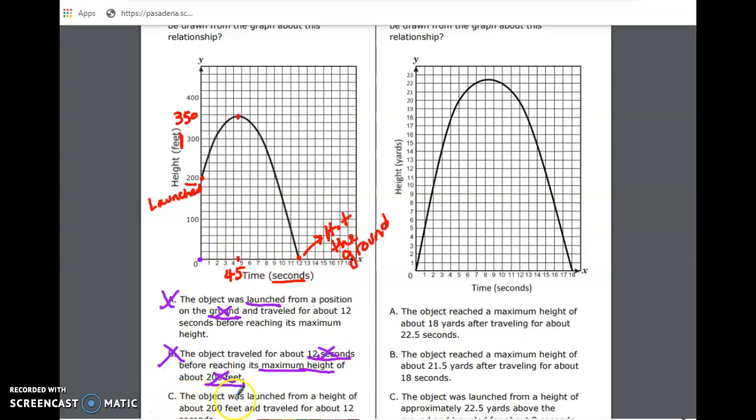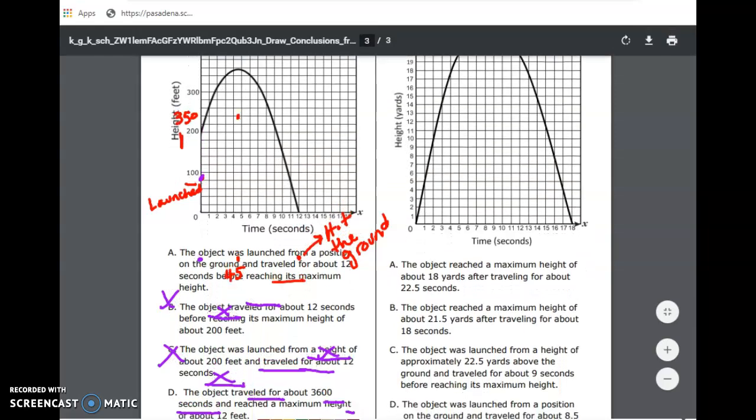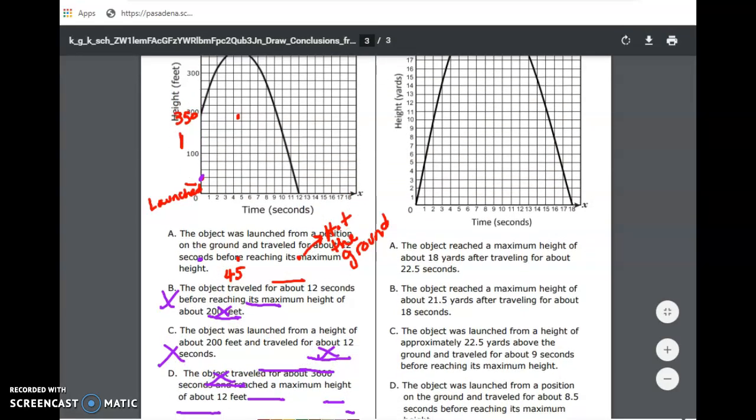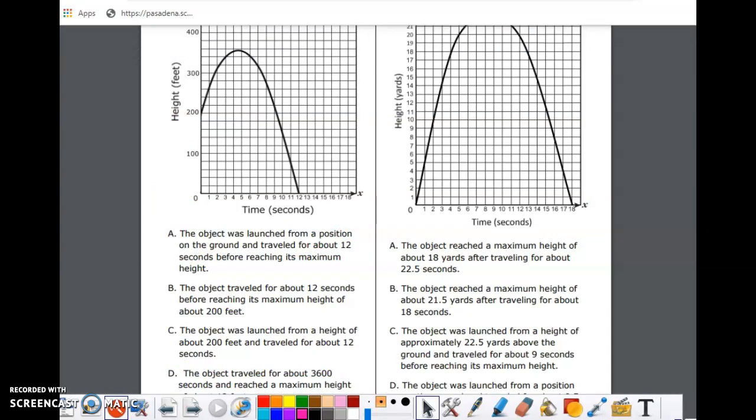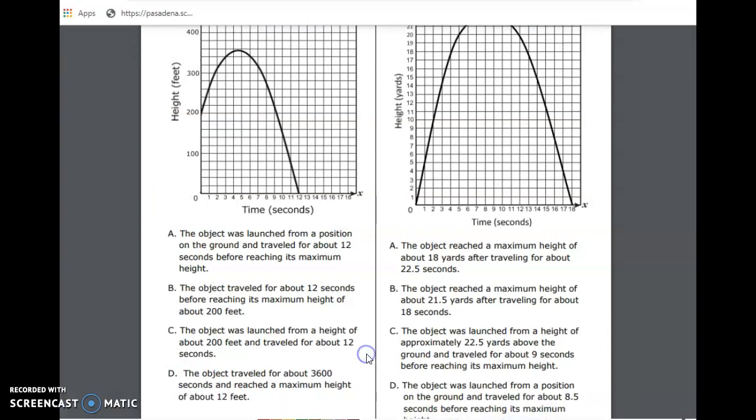C says the object was launched from a height of about 200 feet and traveled for about 12 seconds.